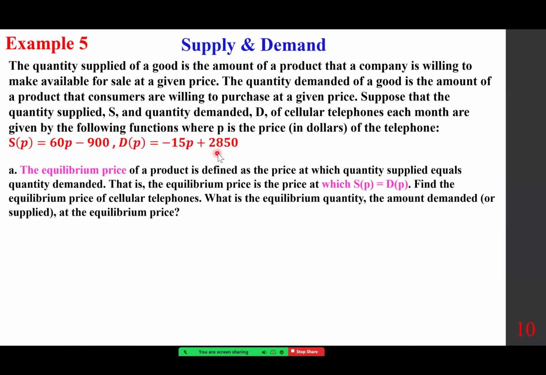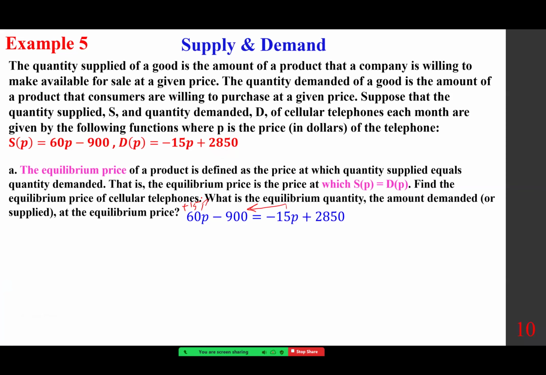So we set S of P equals D of P, which means 60p minus 900 equals minus 15p plus 2850, and we solve that. Now, we're going to move things around. So this moves this way, becomes positive.